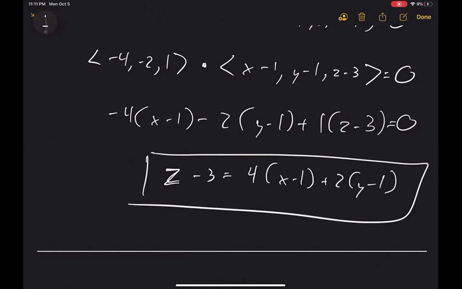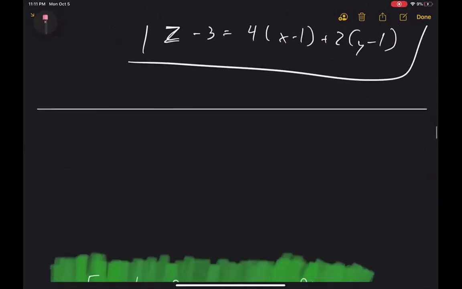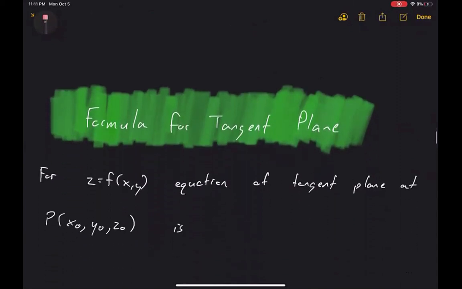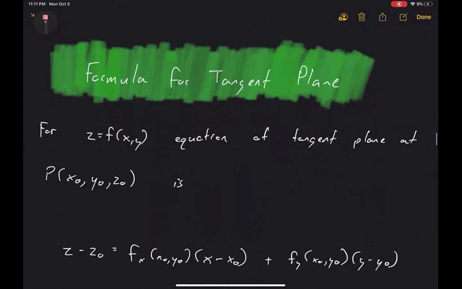Now note what's going on. First of all, we have our point, these are the coordinates of the point on our plane, right? And then what are these right here? Well, this is f sub x, and this is my f sub y. We've seen how we derive this, and now for future use we can just use a nice little shortcut.